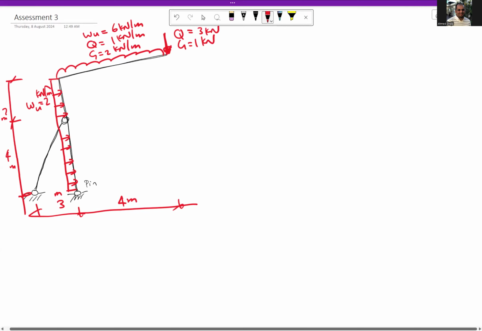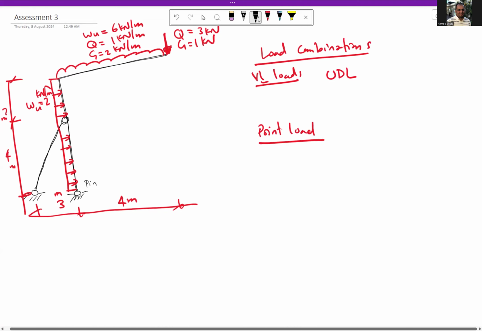The first step is to find the load combination. For vertical loads, we have UDL and point load. For the UDL, the critical load combination will be the ultimate limit state: 1.2 G plus 1.5 Q plus W ultimate.